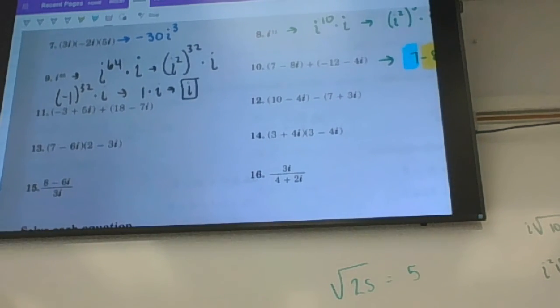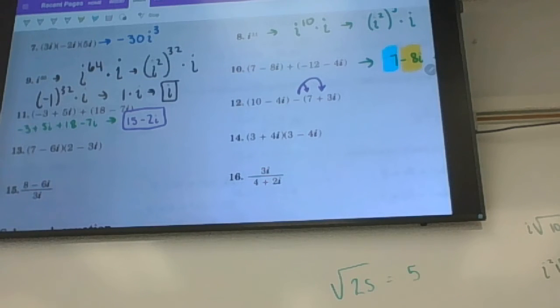Alright, so number 11. Combine like terms. So 12 was the first one where we had to distribute a minus sign.